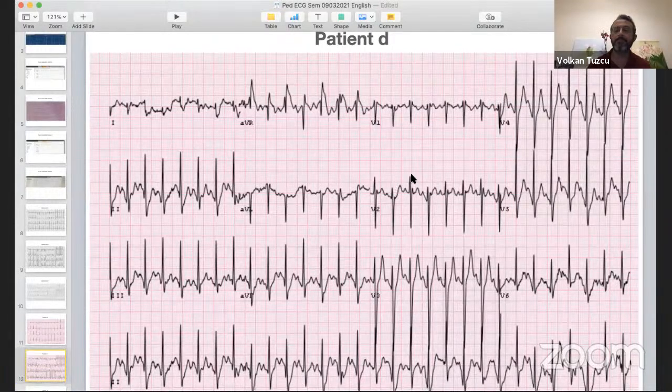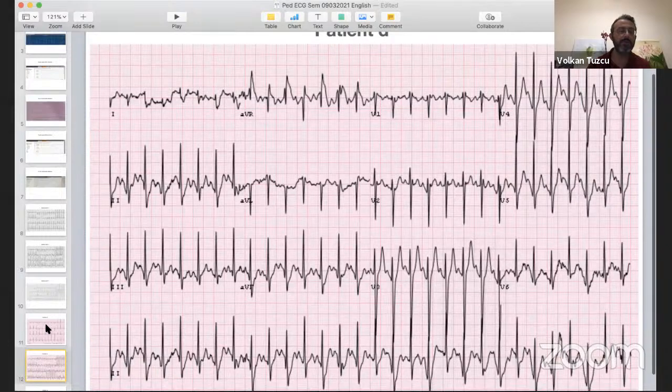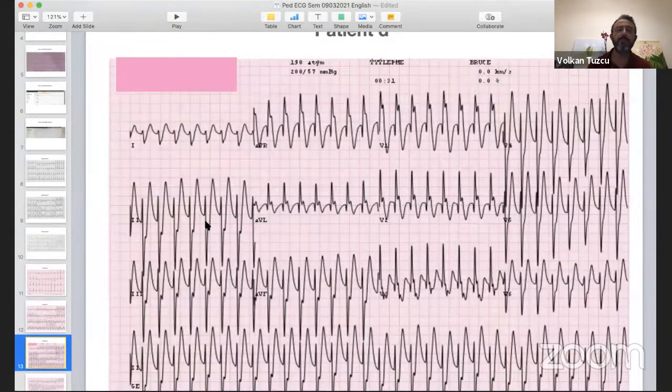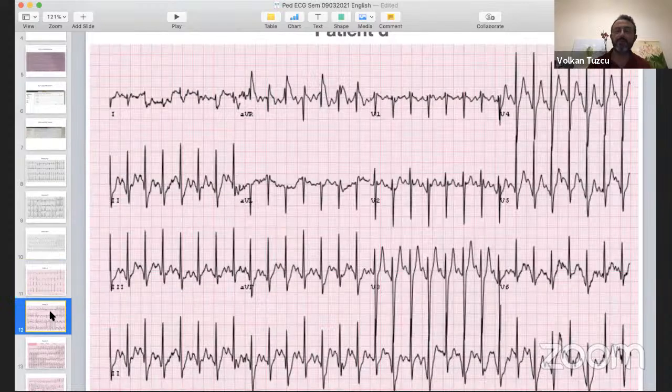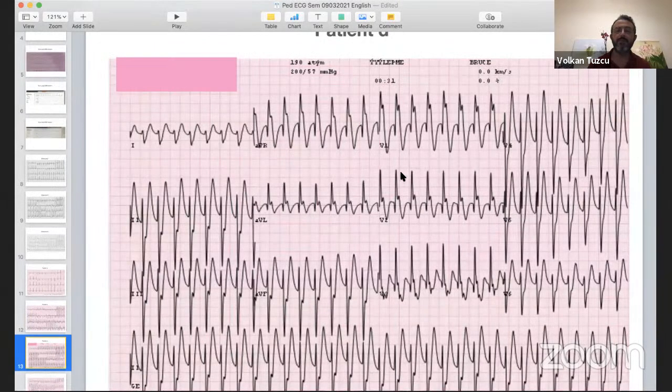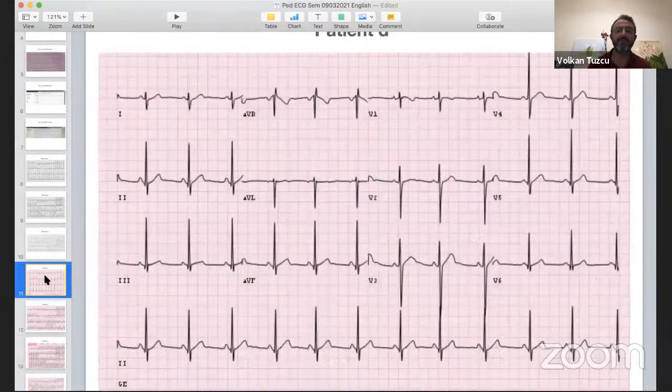I guess there's more. Let's go more. And suddenly this happens. Same patient. First rhythm strip, again, first ECG, I mean, this is an exercise test. Starts running more. So what do you think with this?